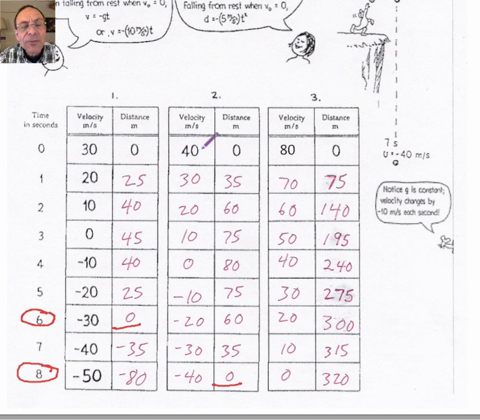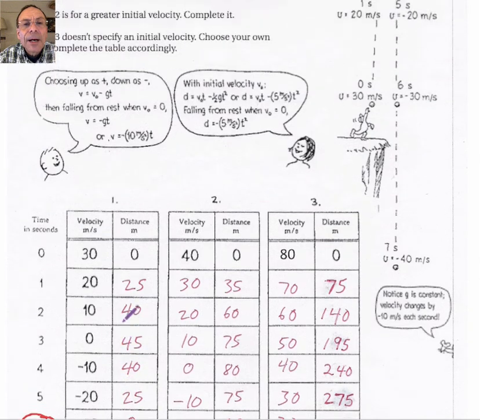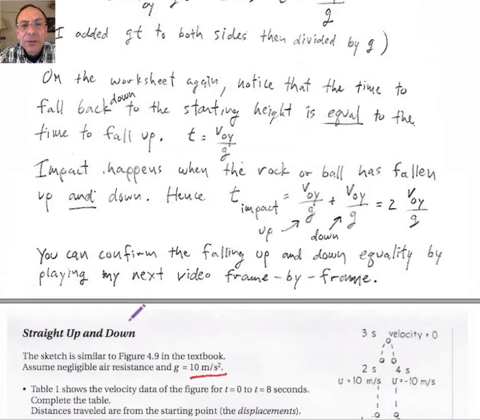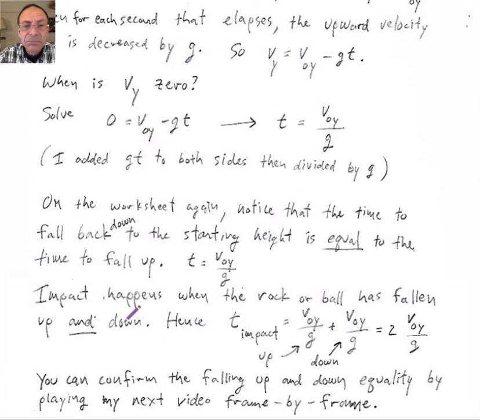So 2 times 40 is 80. Divide that by g, which is 10 in this case, and we get the 8 seconds. I think that pretty much is why we have this particular formula.